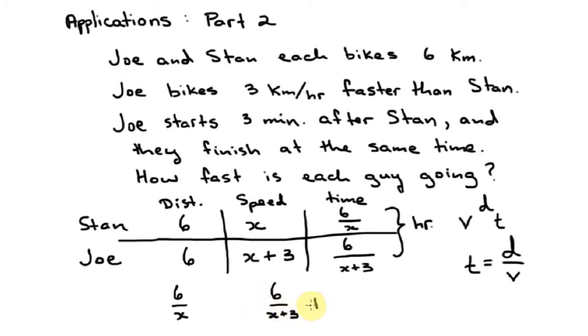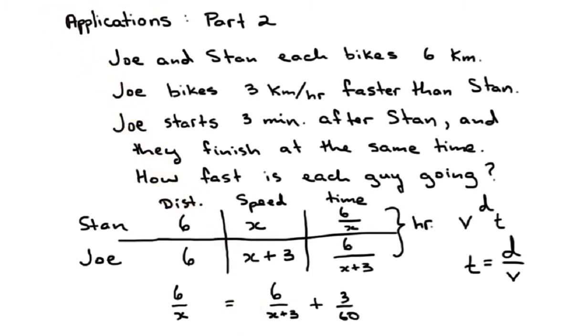If I add 3 minutes to it, but I have to be careful, that would have to be converted to hours. So 3 minutes means 3 out of 60 minutes. Now we've got it in terms of hours. That should equal the amount of time that Stan is on the bike. So this is my equation. And I think if we are skillful, we can solve this and figure out how fast these guys are going.